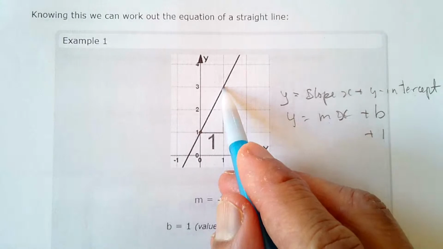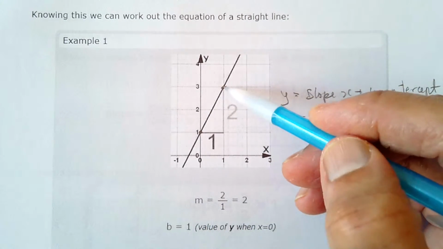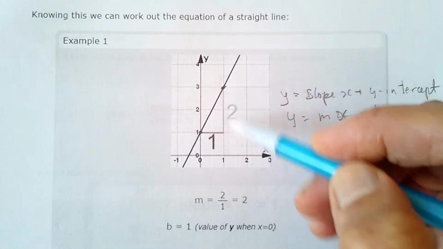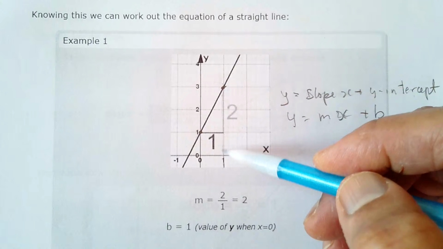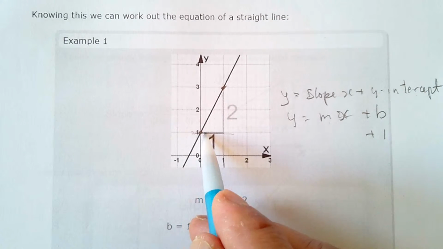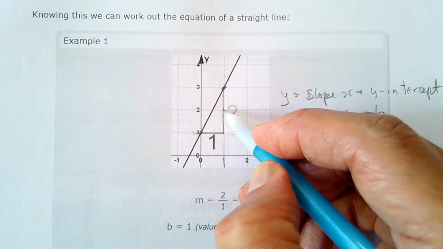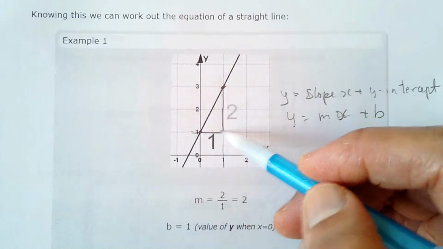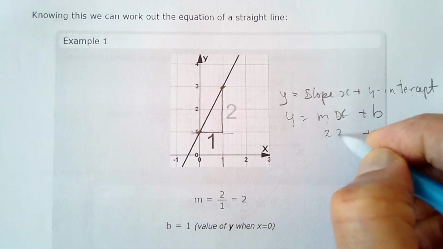The slope now: you select two points on the line that you can read off. This point is right on the x-axis at 1, and this point is right on the y-axis at 1. So we construct the right triangle. We count up 1, 2, and horizontally we have 1. So the slope here is 2 over 1.